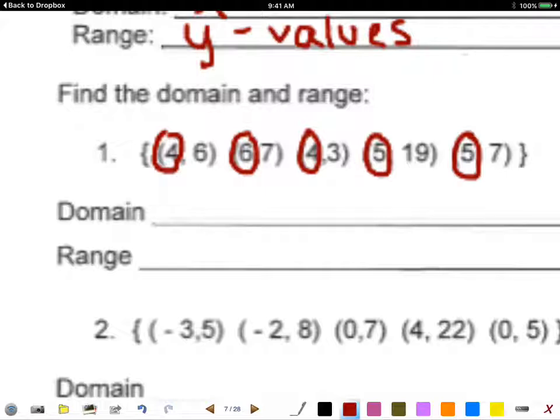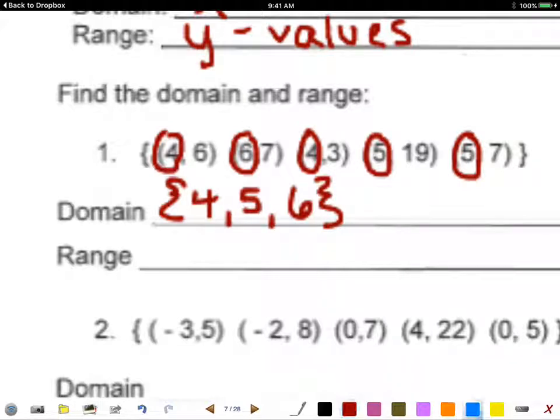Just write 4, 5, and 6. Right, when you see this, you see how there's a 4 shown 2 times? 2 ordered pairs have a 4. We're not going to write it twice. Same thing with the 5s, right? So let's list our domain. Our domain in order from least to greatest would be 4, 5, and 6. And you need to put it in little brackets like that, the very best you can. Okay, those are the domain values.